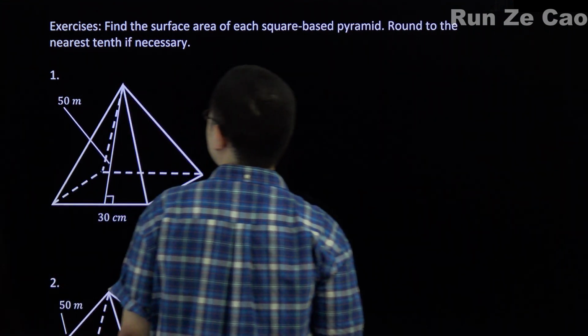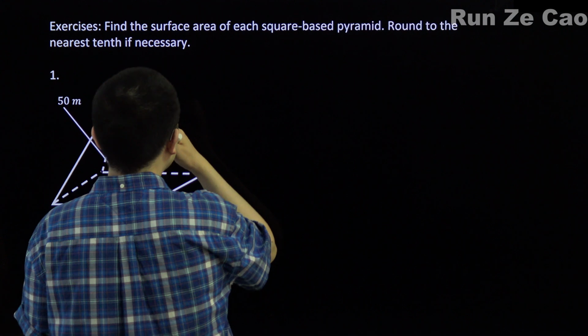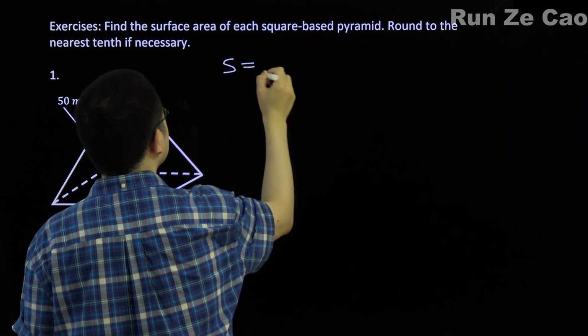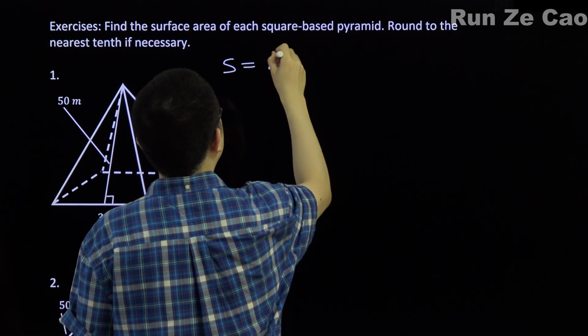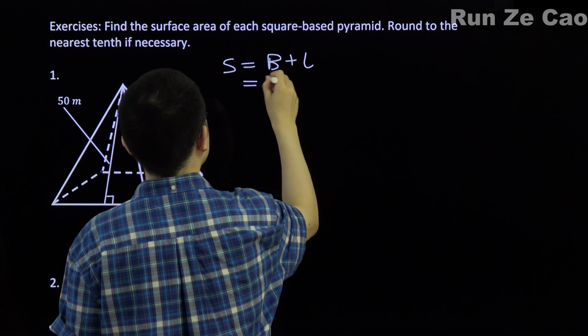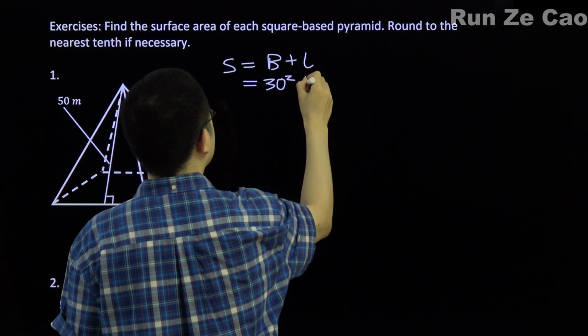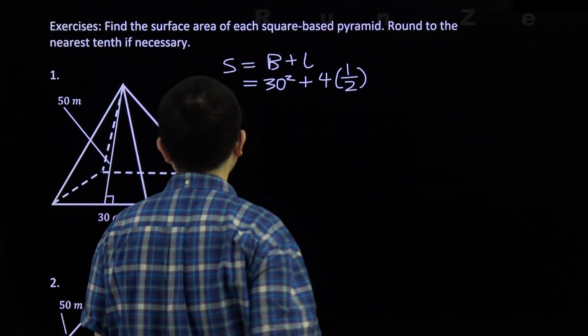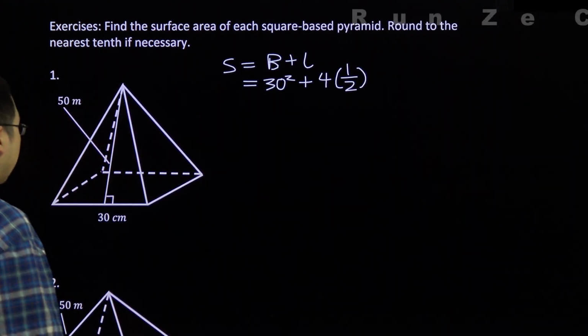We don't need to calculate off of multiple slant heights. So, surface area is equal to base area plus lateral area. So 30 squared plus 4 times 1/2 base times height, because we have 4 identical triangles.